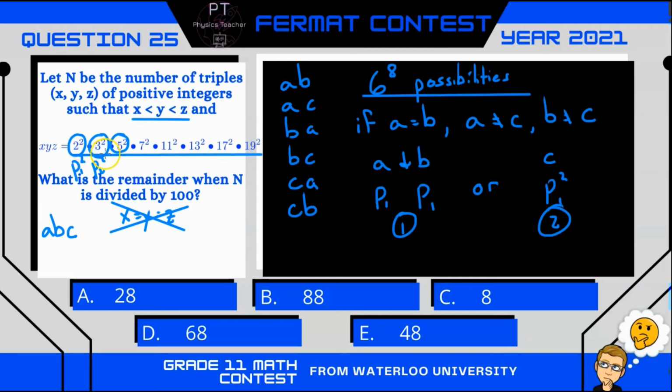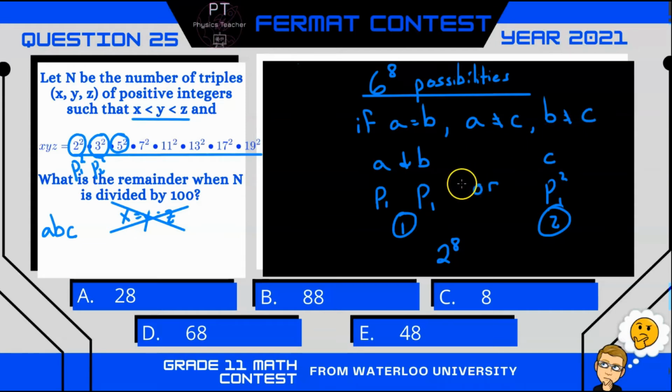Well, then we would have the same 2 possible ways to distribute the second prime factor, and the same 2 possible ways to distribute the third prime factor, and so on. So we would have a total of 2 to the 8, since there are 8 prime squares, possible ways to distribute our prime factors, to where A and B would be the same, and neither is equal to C.